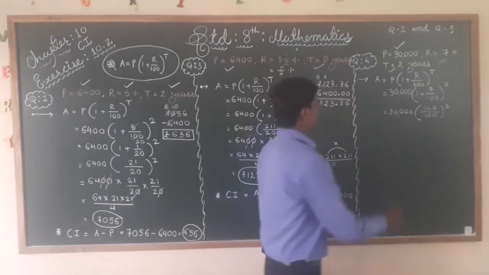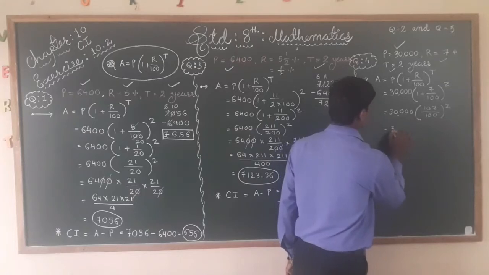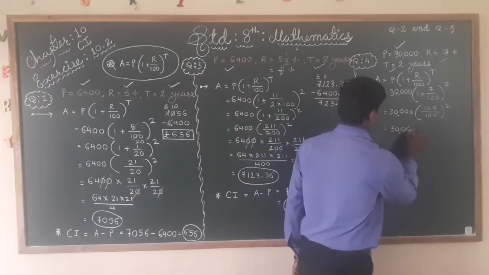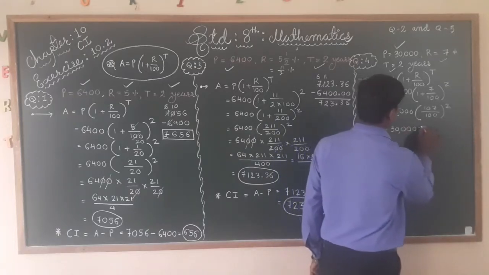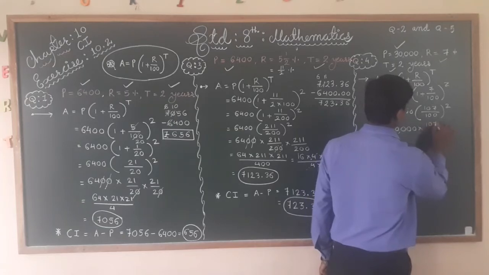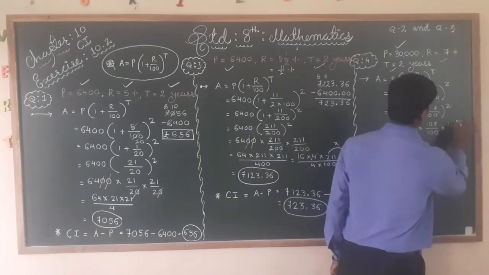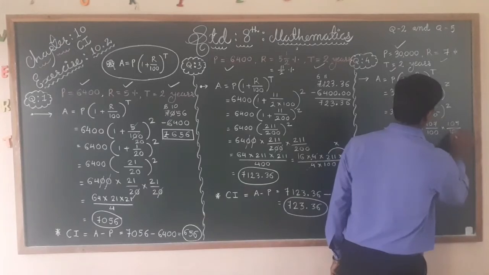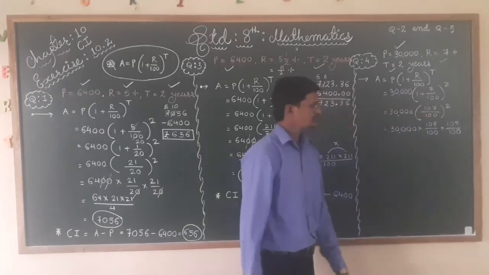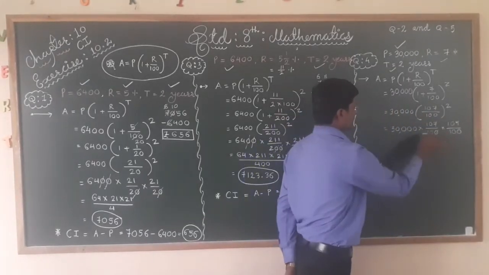Okay. So next is 30,000 multiply 107 divided by 100 multiply 107 divided by 100. So what we will do? 0 out, 0 out, 0 out, 0 out.